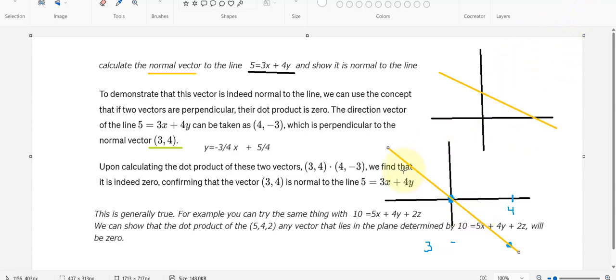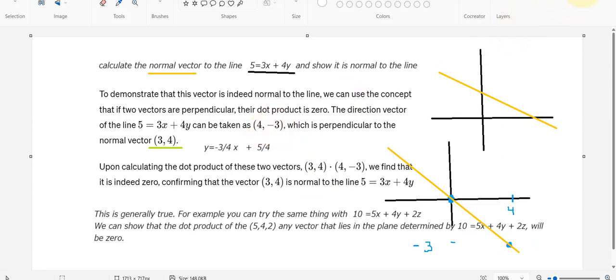So what is the vector which is parallel to this line? Well, any vector along here is parallel, and in particular, the vector which goes from here to this point is parallel. Now, what vector is that? That's 4, and this is a negative 3. So 4, -3 is the vector.